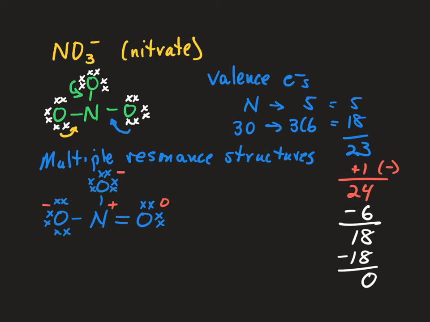The oxygens can carry the negative charge. And we have multiple resonance structures, so there would be 2 more equivalent structures like this, so that the negative charge is really shared among all 3 oxygens. So there is the Lewis structure of the nitrate ion.